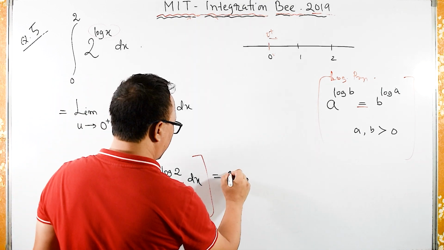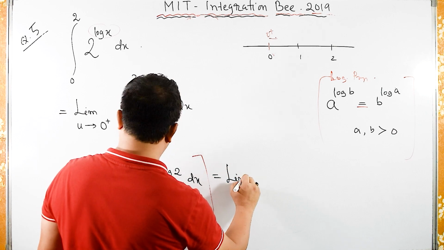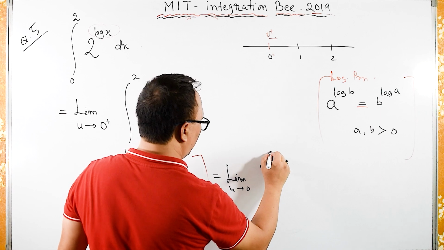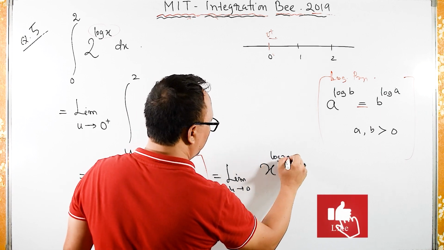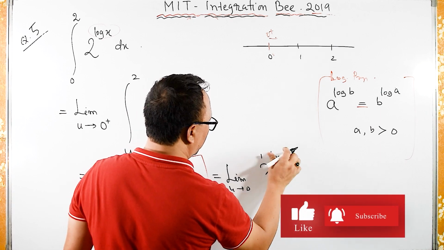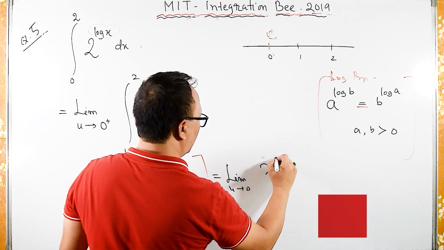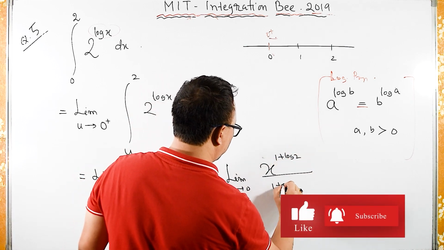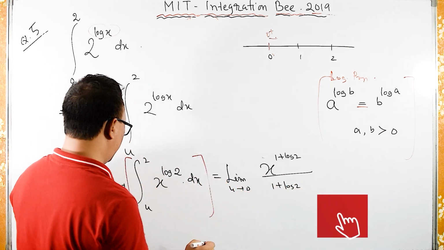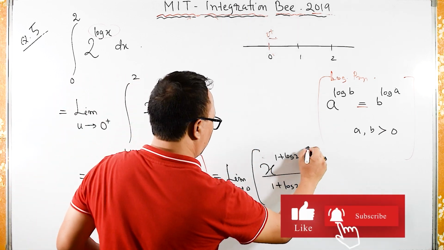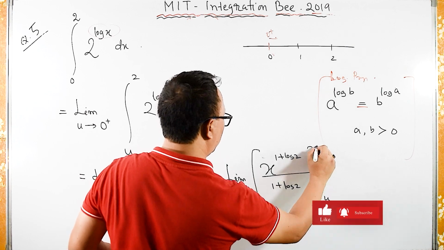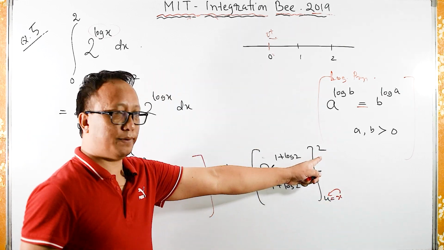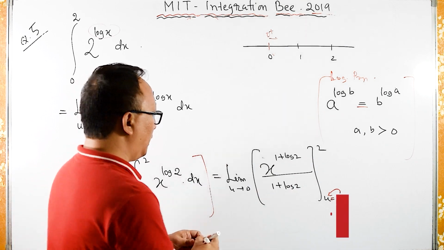So this is the same as limit of u tends to 0 of x raised to log of 2 plus 1, or we can say 1 plus log 2, upon 1 plus log 2, and then the limit is u to 2. Instead of x, you have to substitute u, and instead of x, you have to substitute 2. Now let's substitute over here.